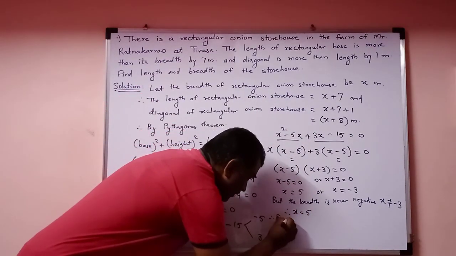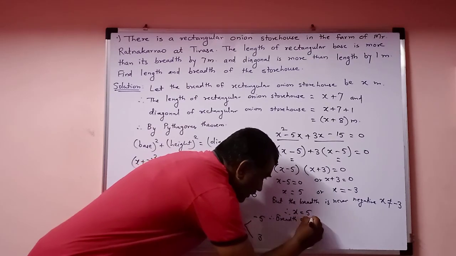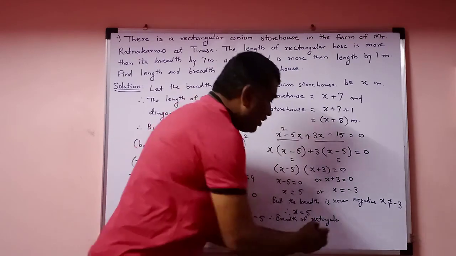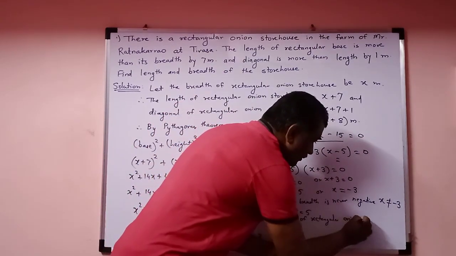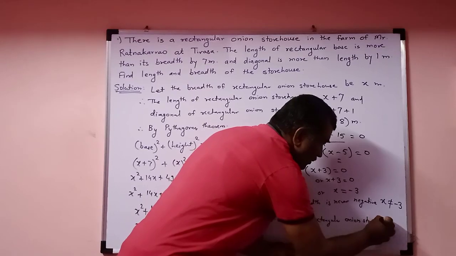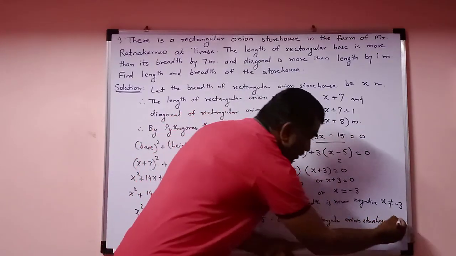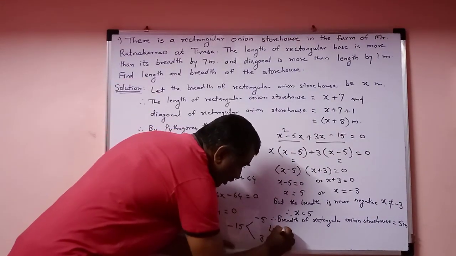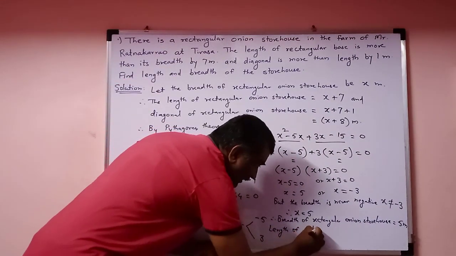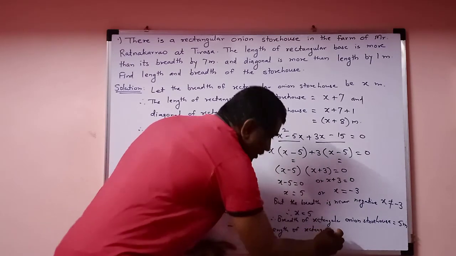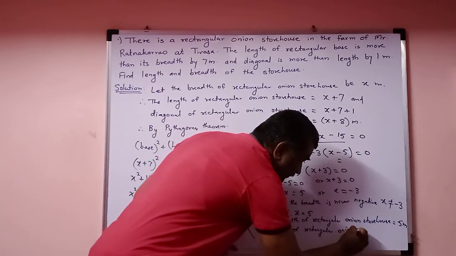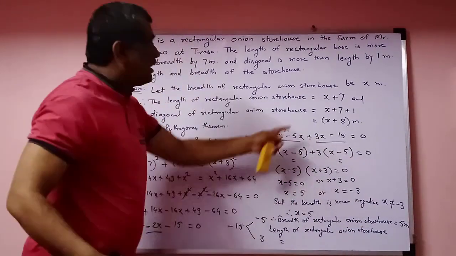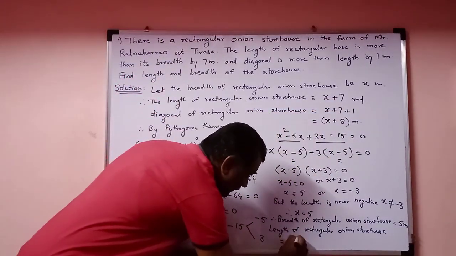Therefore breadth of rectangular onion storehouse is equal to 5 meter and length of rectangular onion storehouse is equal to x plus 7.